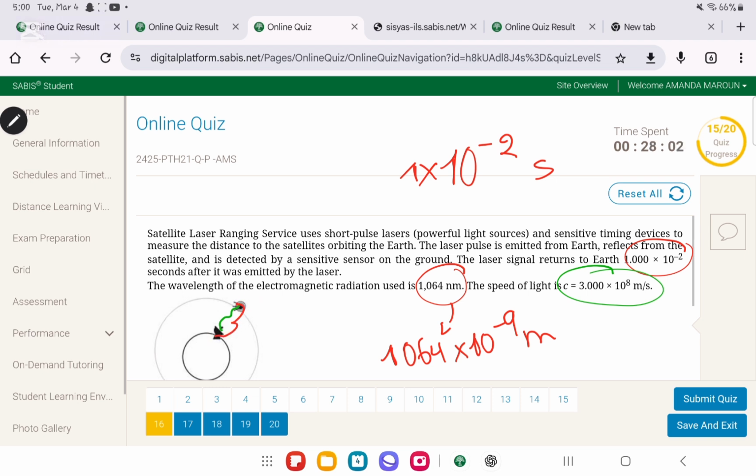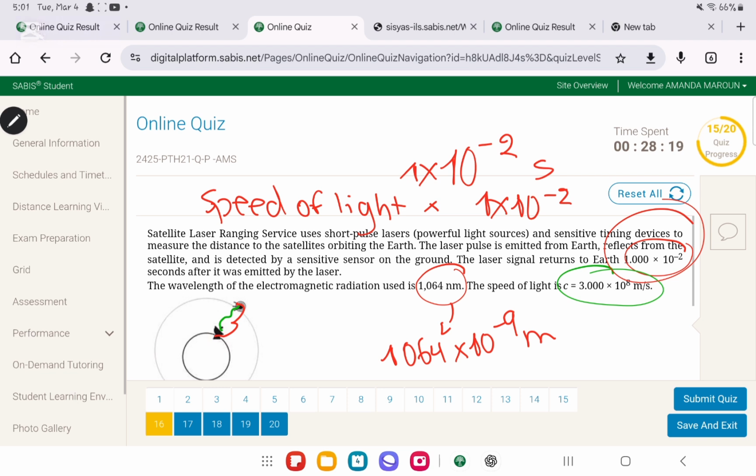First of all, we will find the total distance, which is very simply the speed of light times the time. The speed of light is always 3 times 10 to the power of 8, multiplied by the time, 1 times 10 to the power of -2. You get 3 million meters.